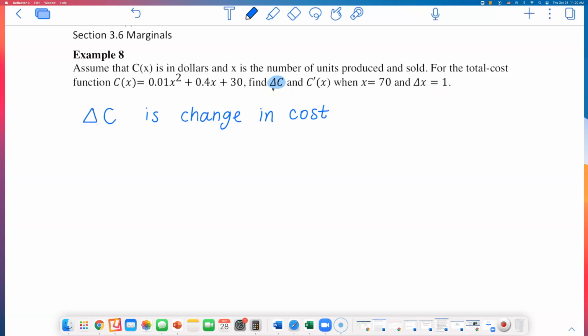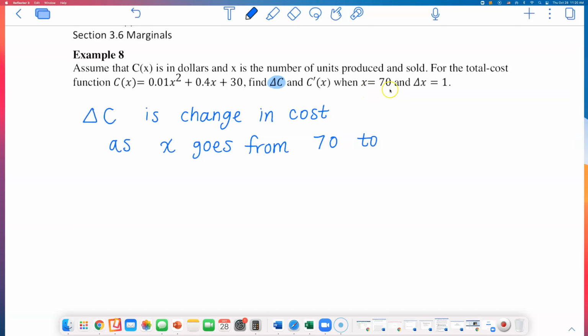So first of all, they said that x is 70. So right now they are making 70 calculators, let's say. So first they make 70 calculators. Okay, all right, hold on. As x goes from 70 to, but what's the change in x?